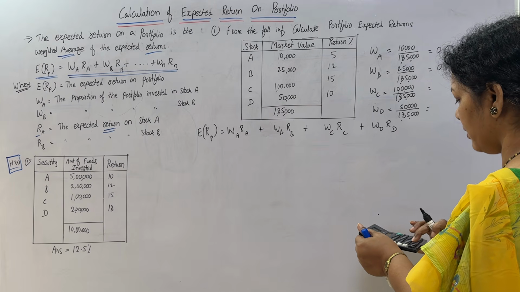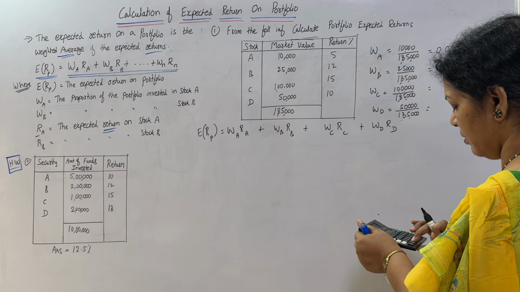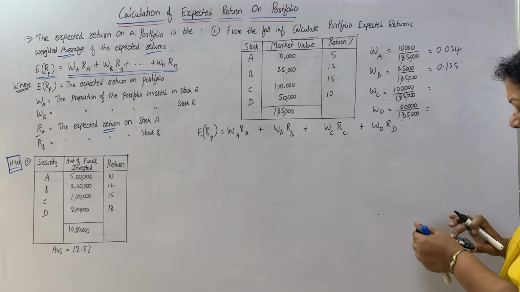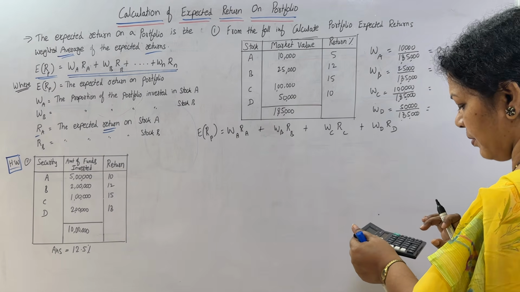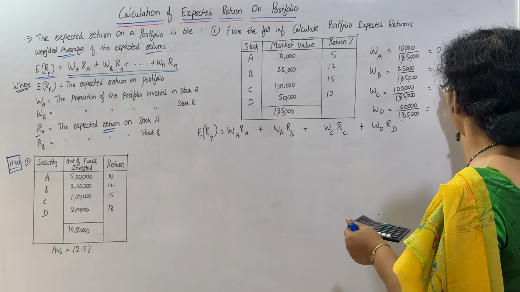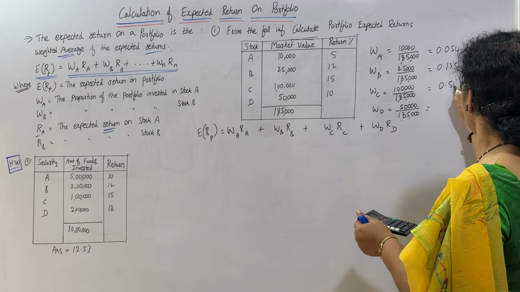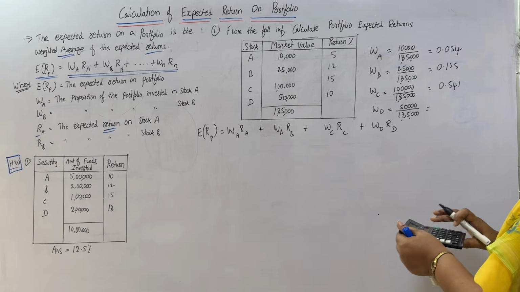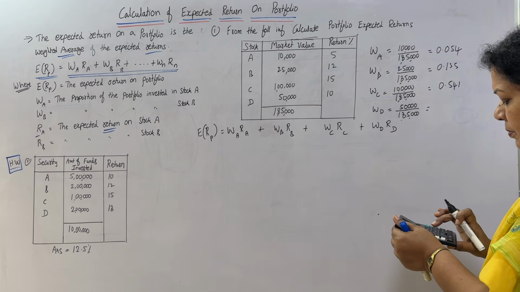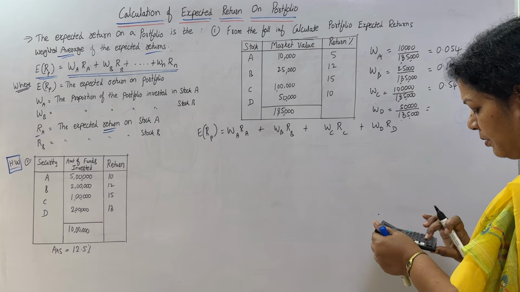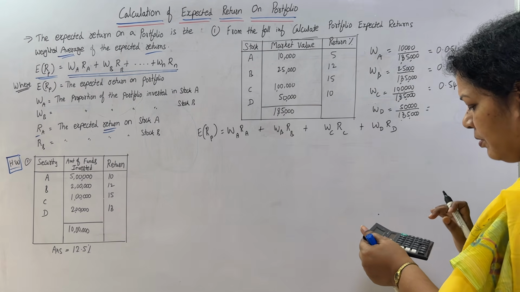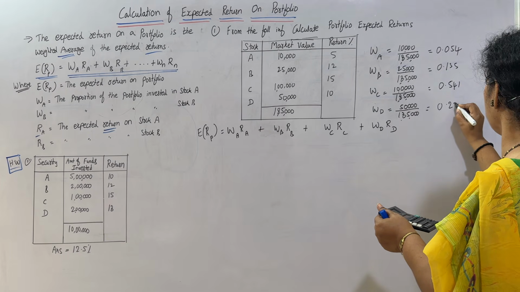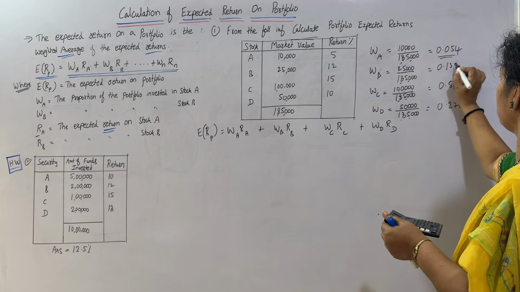Third one, 1 lakh divided by 1,85,000. This is 0.541, I take 3 digits. Next, 50,000 divided by 1,85,000. This is 0.270. These values we got.